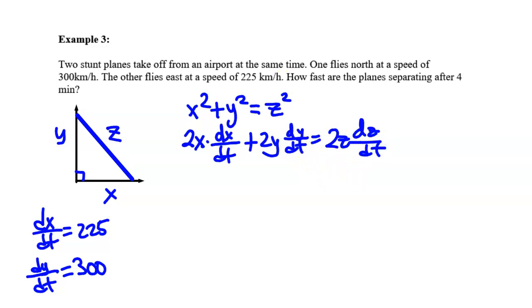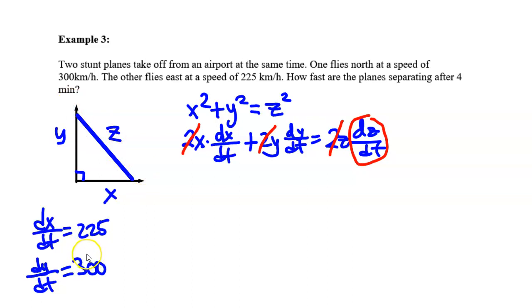Okay, now of course each one of them has a factor of 2 that we can get rid of, and our equation ends up looking like this. How fast are the planes separating after 4 minutes? Well, what we're looking for then is dz dt. Okay, the rate at which the distance between them is changing, also known as their separation distance.